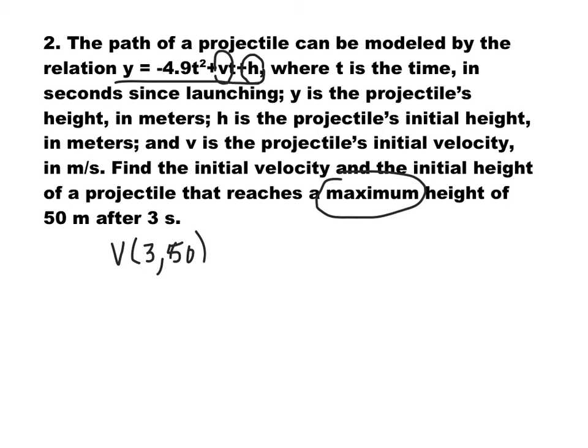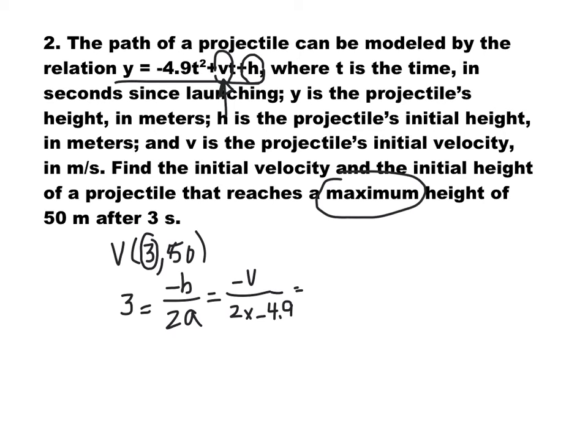But remember that in a quadratic equation, the x-coordinate of the vertex, which is 3 here, is equal to negative b over 2a. This is what we covered before. Now our b coefficient is v here, which we don't know. So I can write negative v over 2a, so it's going to be 2 times negative 4.9 here.